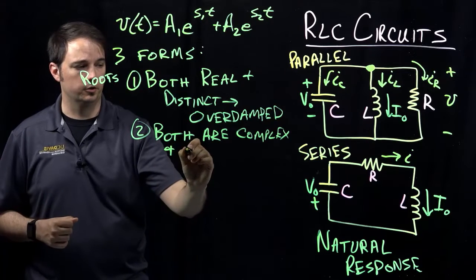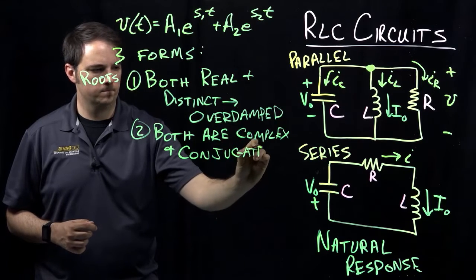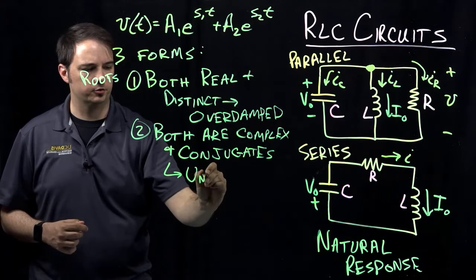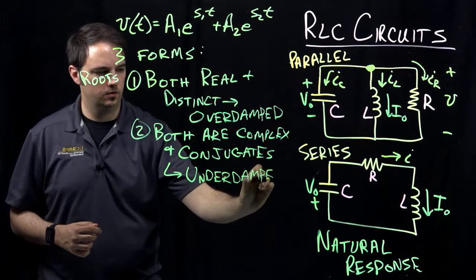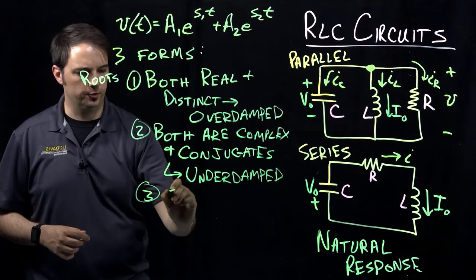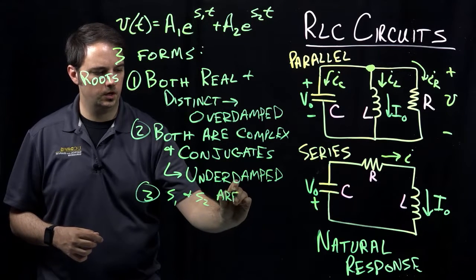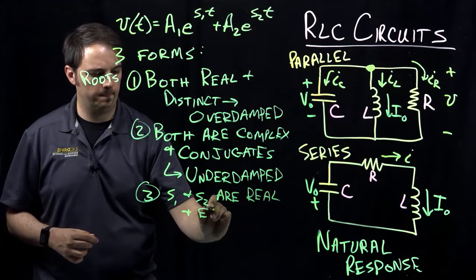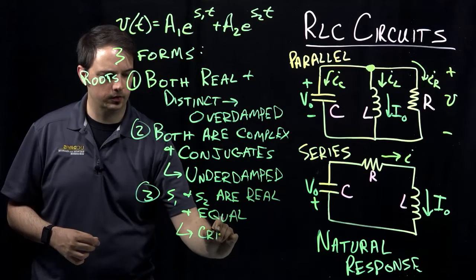Well, they're distinct, but specifically they'll be conjugates of one another, thinking back to our complex math. And this will be the so-called underdamped response. And then the third and final option is that both s1 and s2 are real values, but they're also equal. And this will be the so-called critically damped response.